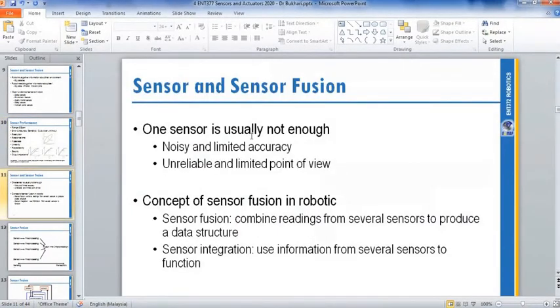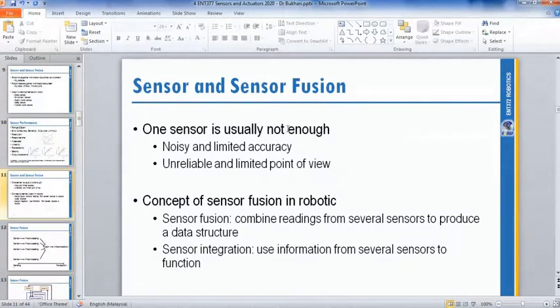One sensor is usually not enough. Okay, this is sensor fusion. Sensor fusion means that you have many sensors and then you make a decision based on many sensor detections. So you can choose which sensor you want to use.